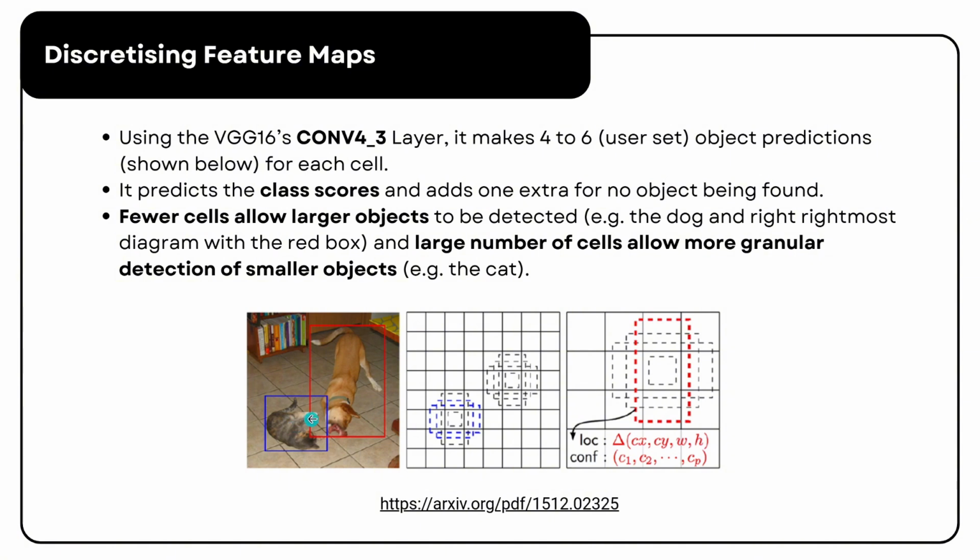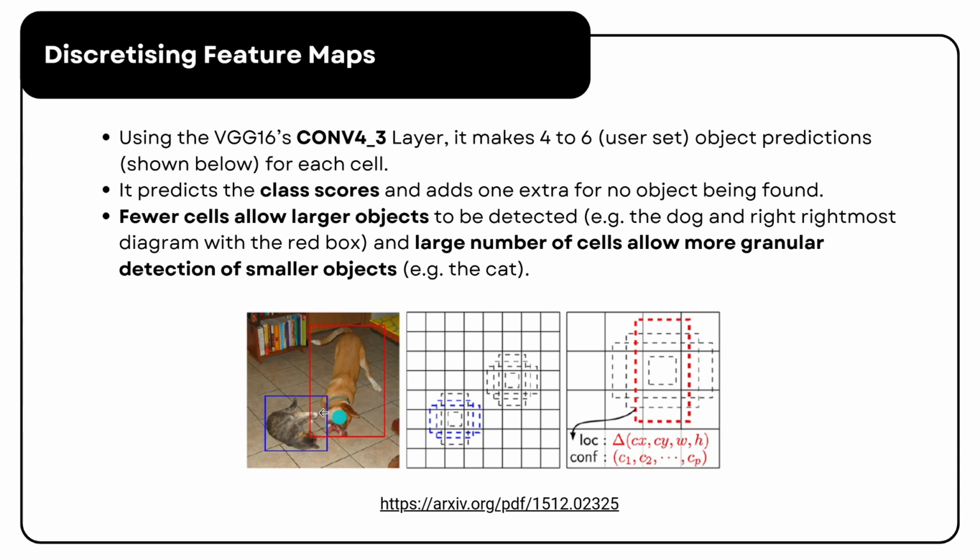This concept is well illustrated in this image, where the dog is detected using the larger-scale, larger cell grid, which is this red box here, and the cat, being smaller, is detected using a finer-grained cell grid, which is this blue box.